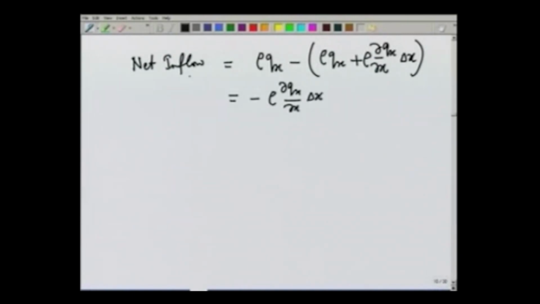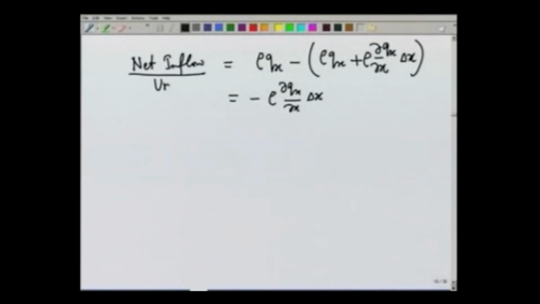Now this is the mass flux rate per unit area. So, we have to multiply it by the area. So, we can say net inflow per unit area is given by this, and therefore, inflow in the x direction.